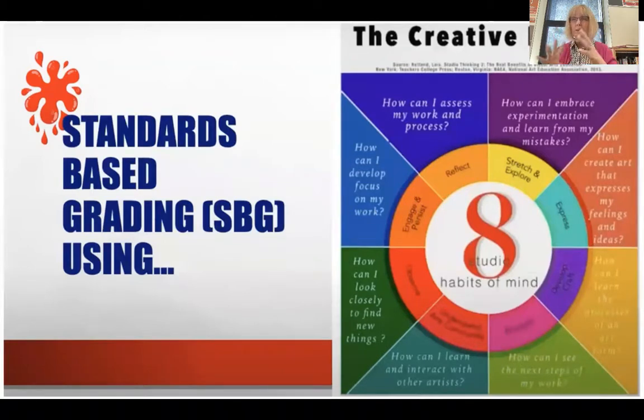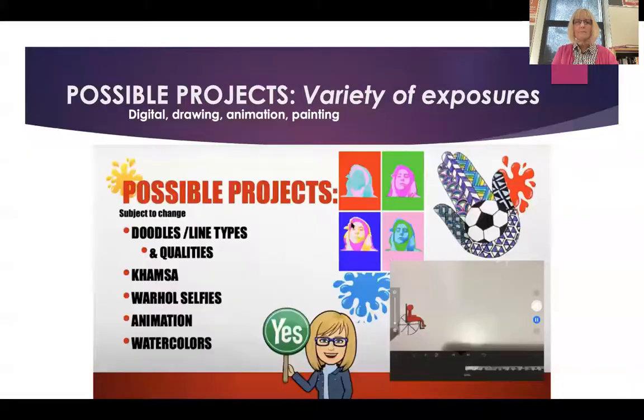Maybe I want to trace my drawing and try a different thing because I didn't like the colors I used. What do I want to do? I could make this a 3 if I wanted to. Well, maybe you want to. All right. So we're going to be looking at all kinds of ways of approaching the standards of art.